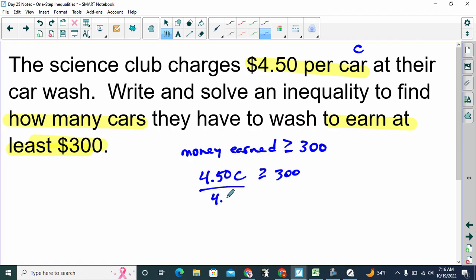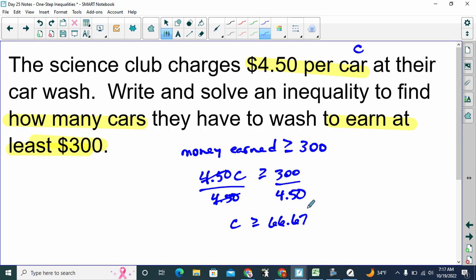Because we are multiplying, we undo that with division. You would be allowed to use a calculator to do this division. I get C is greater than or equal to 66.67 cars. The problem is they cannot wash 0.67 of a car.